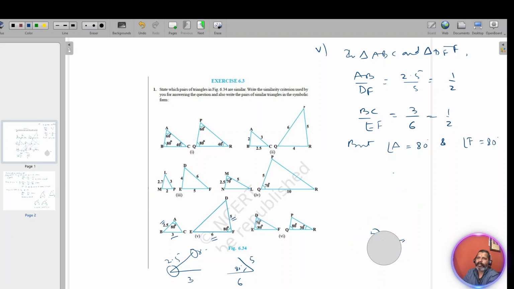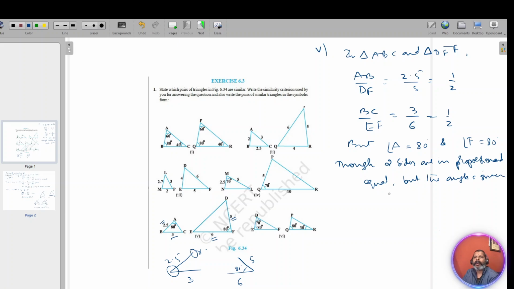So the reason here is they're not similar because the angles given are not included angles. That's it. So here we say, though two sides are in proportion, the angles given are not the included ones.